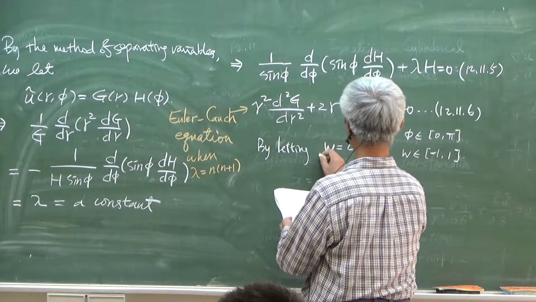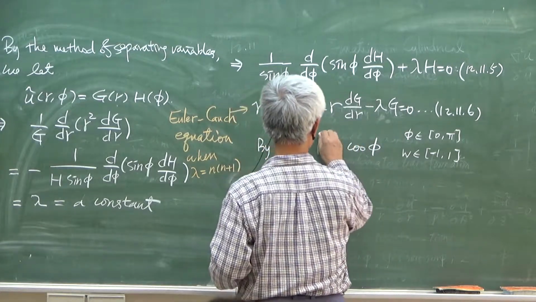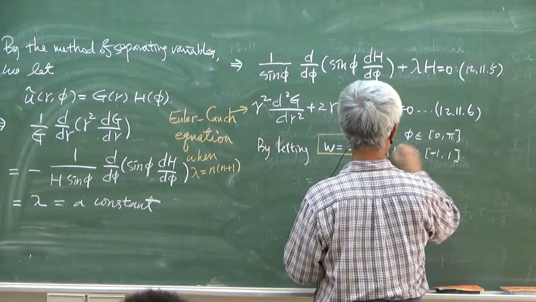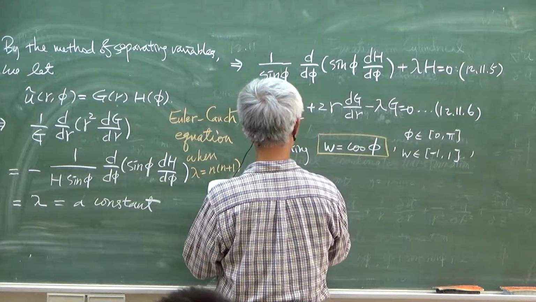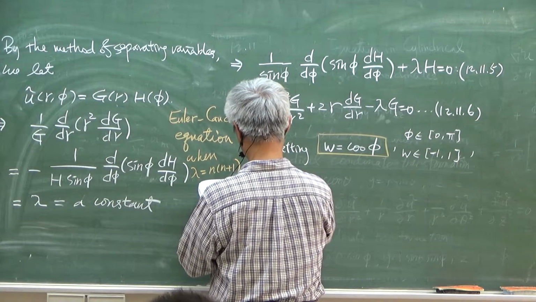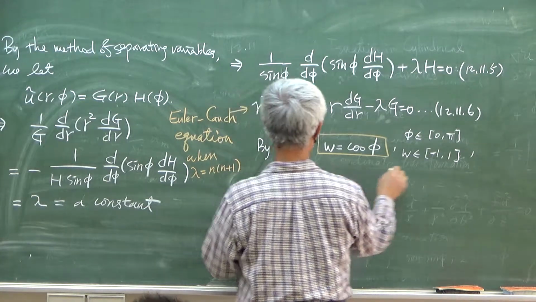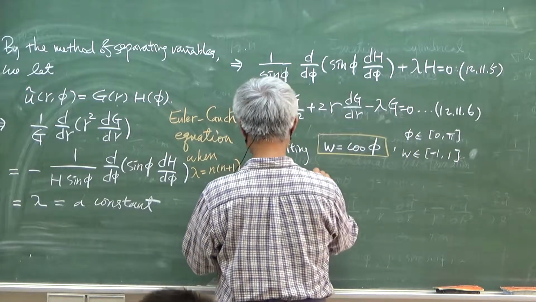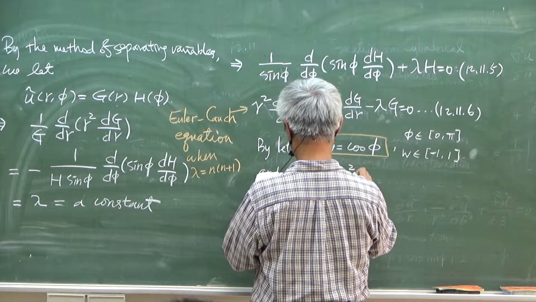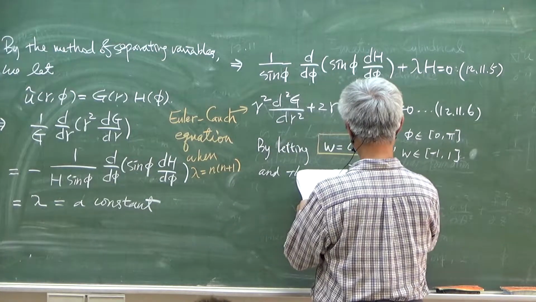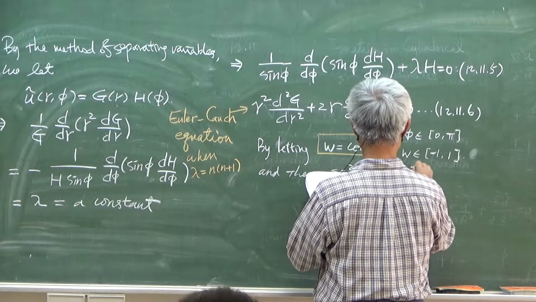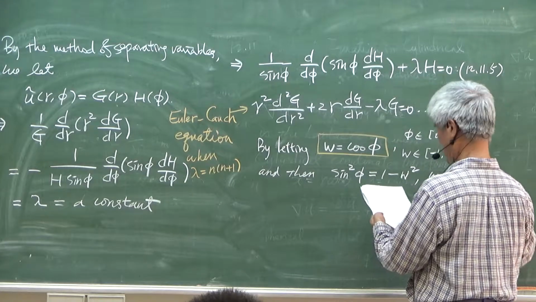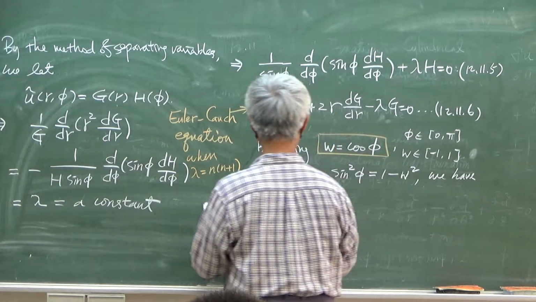So when we do the change of variable, we have sin phi equal to the square root of 1 minus w squared.